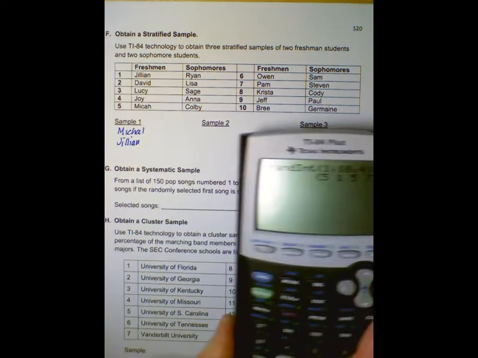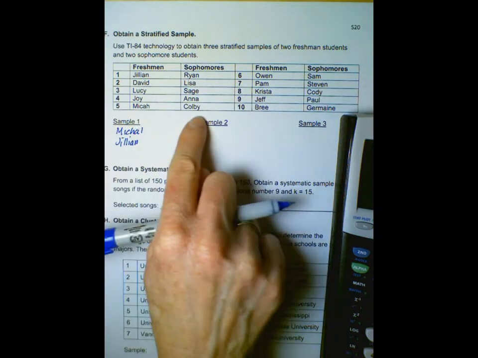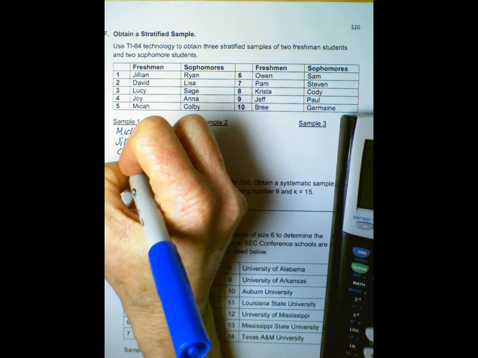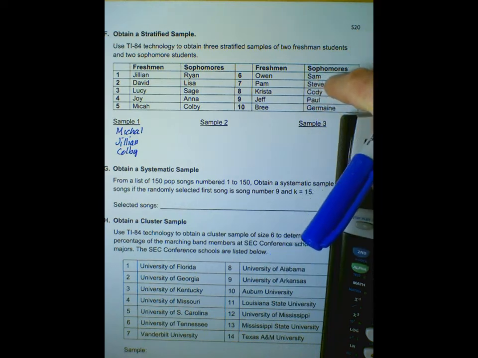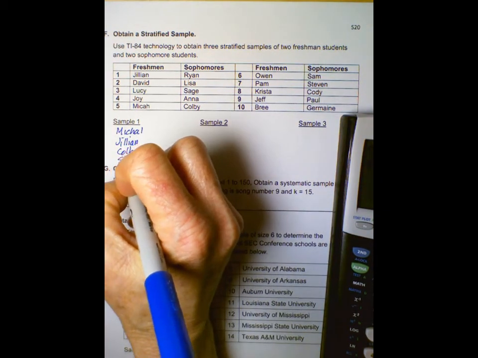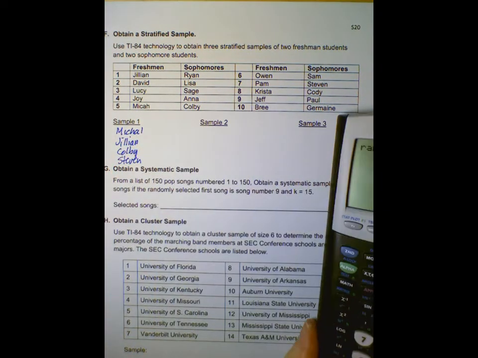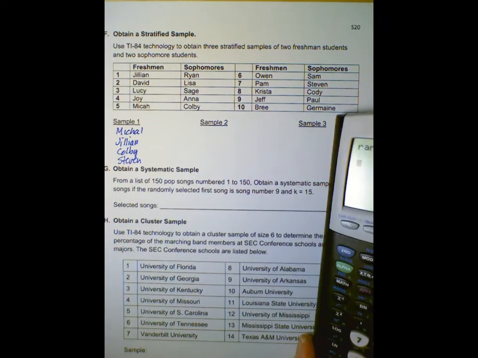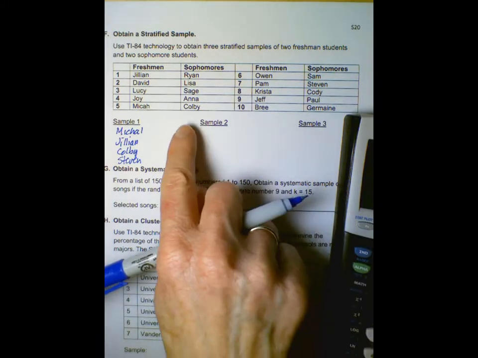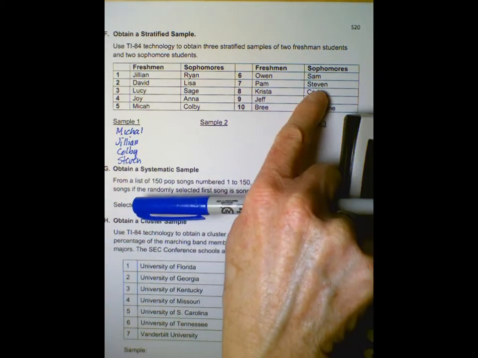And my 2 sophomores are 5 and 7: Colby and Stephen. Okay, I needed 5 and 1 for freshmen, Micah and Jillian, and 5 and 7 for sophomores, Colby and Stephen.